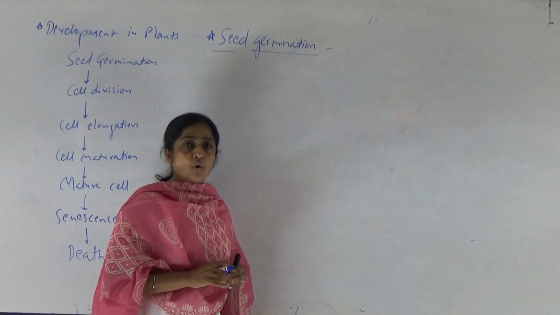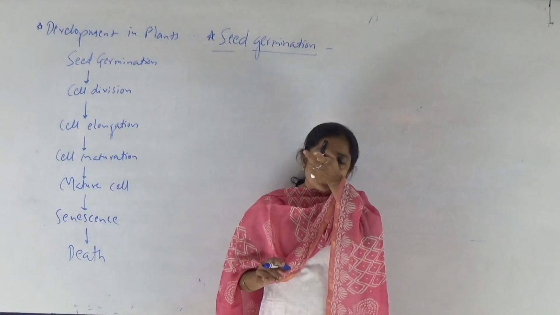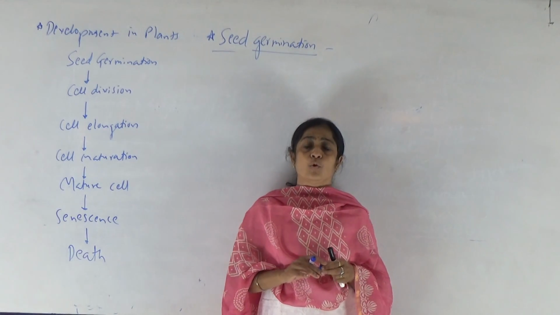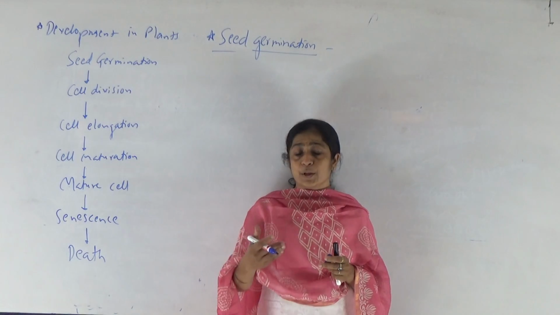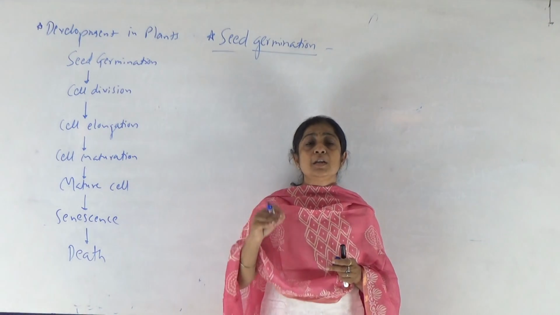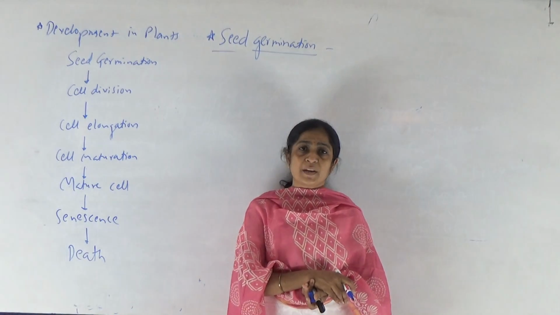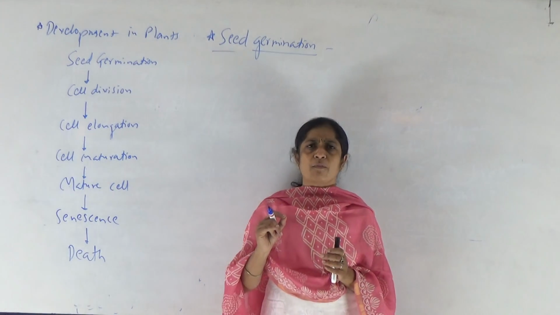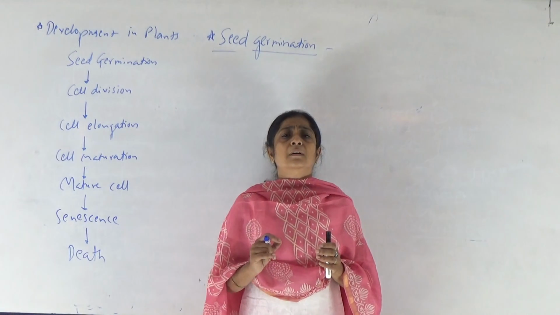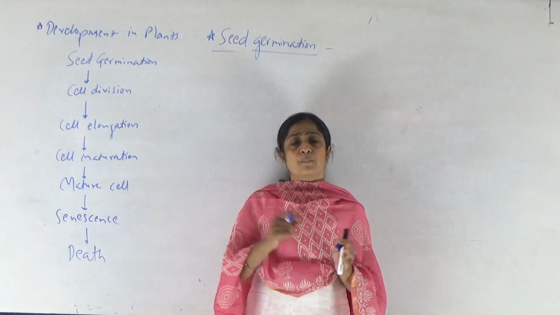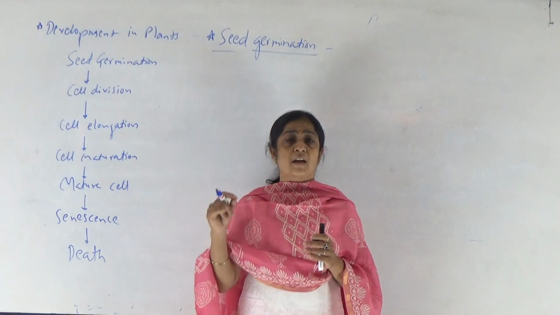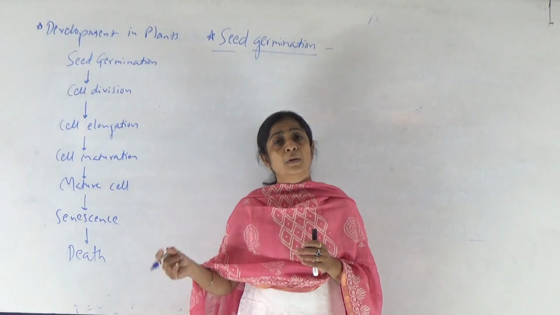It is the process of resuming the active growth of seed embryo to form a new small seedling or plantlet. Right? What is seed germination? It is the process of having active growth, or it is a process of growing actively the embryo in the seed to form a small seedling or plantlet.